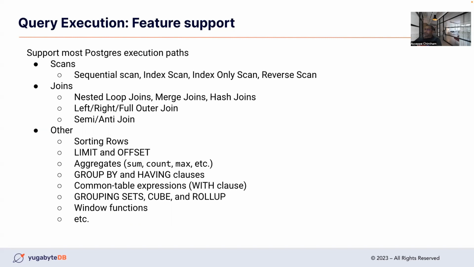For joins, nested, merge joins, left outer, right outer, and other Postgres features like sorting, limit offset, aggregates, and window functions, and CTEs, the common WITH clause. So these are the features which are supported by Yugabyte.